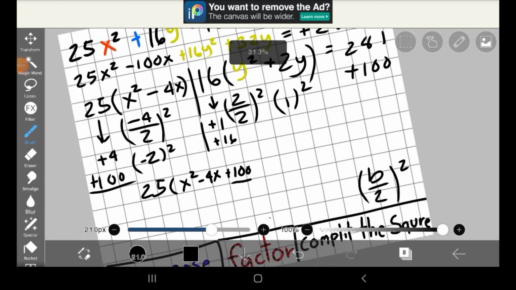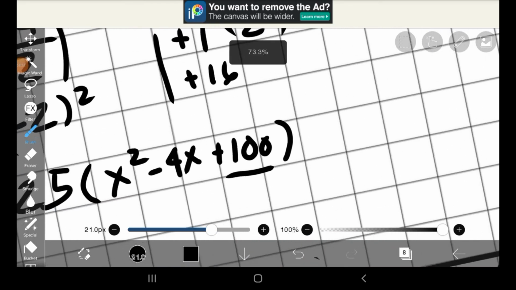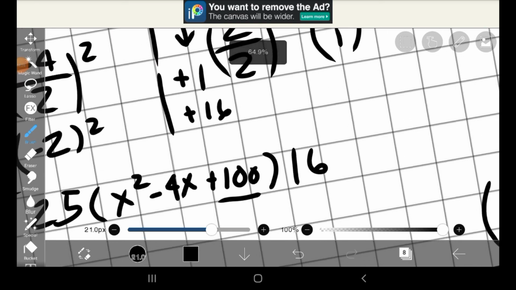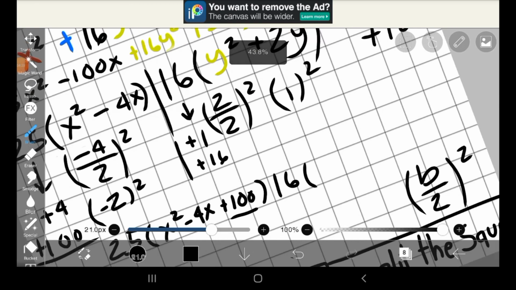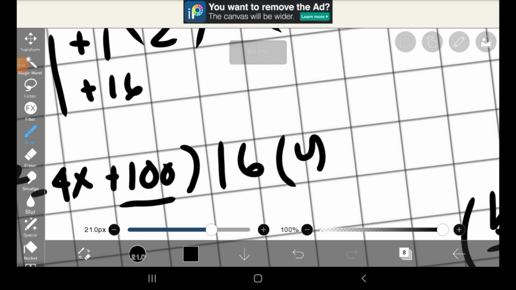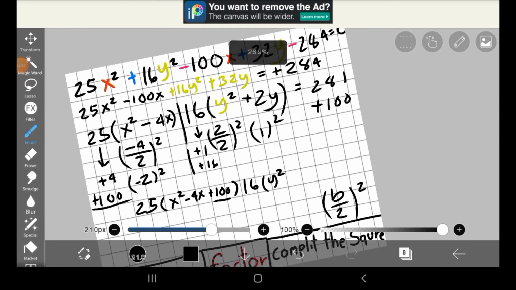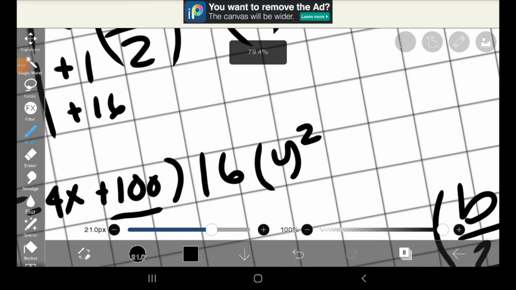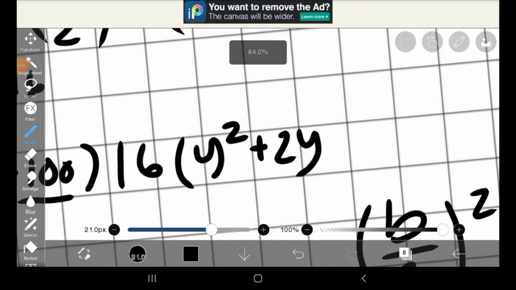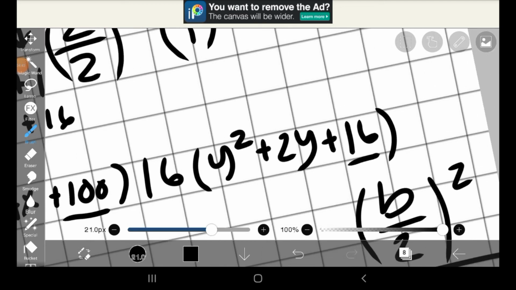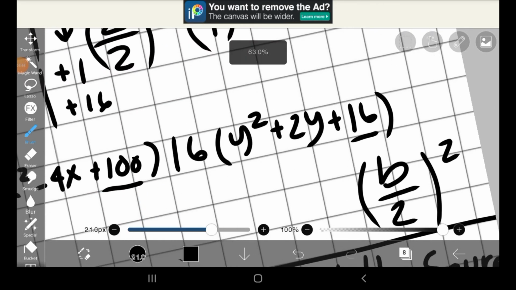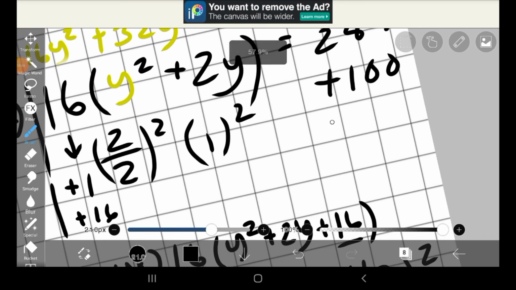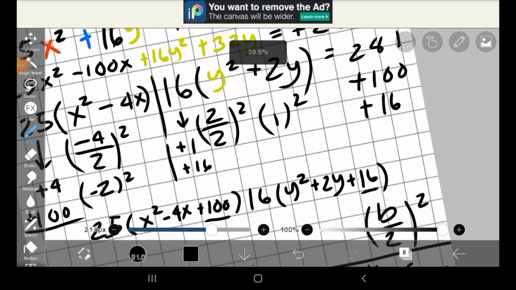We will rewrite it here: 16 times y squared plus 2y plus 16. Because we added 16 on this side, we will add 16 on the right side.